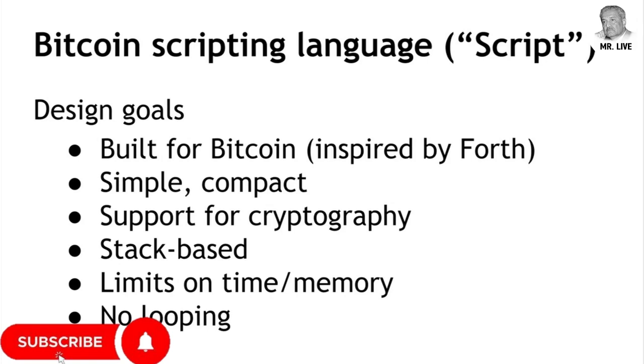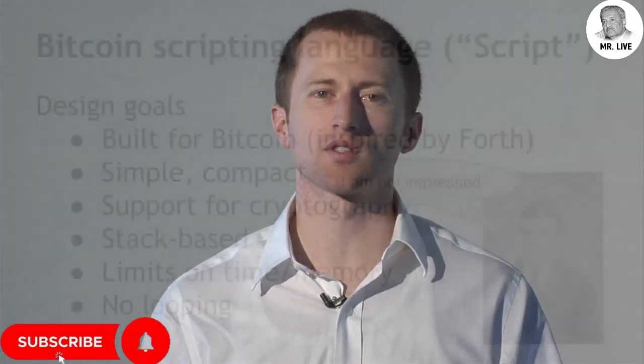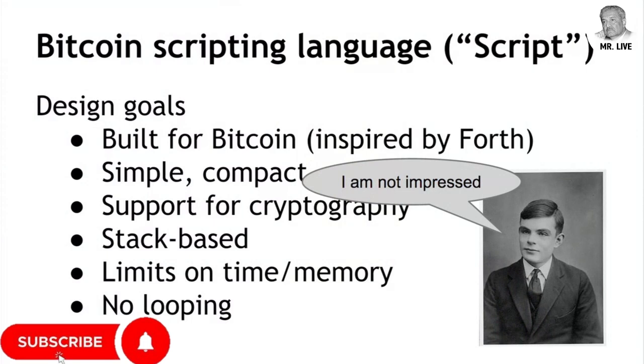So there are a lot of limits here that are important to keep in mind. In particular, there are no loops in the Bitcoin scripting language. Every instruction is executed exactly once in a linear manner. So if you look at a script, just based on the number of instructions in the script, you know exactly how long it might take to run and how much memory it could use. So this is not a Turing-complete language.